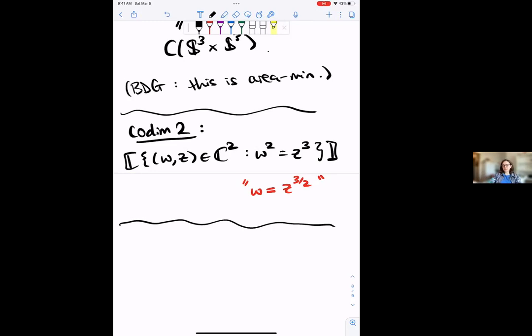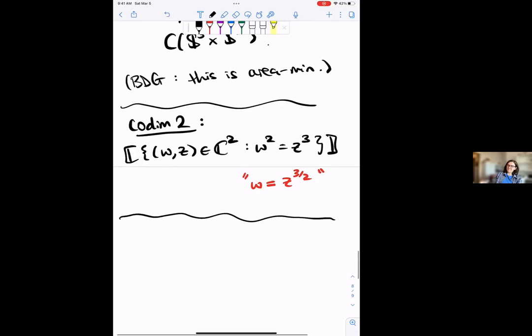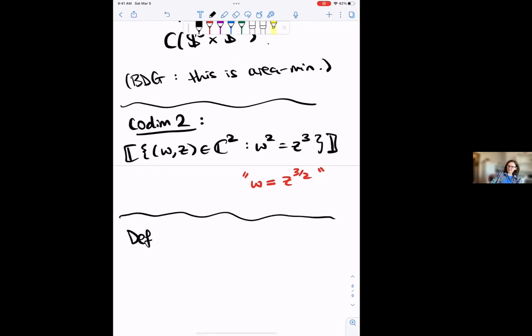Also, something I should mention is that this codimension 2 example is a particular case of a much larger class of examples. This is area minimizing because it's calibrated. So let me write what calibration is.